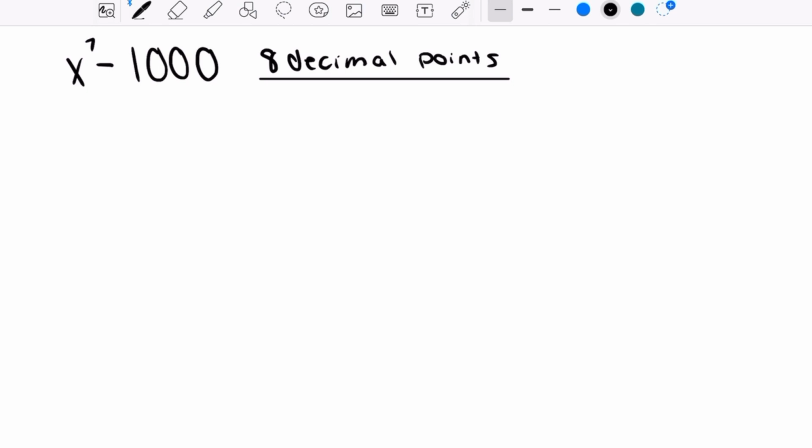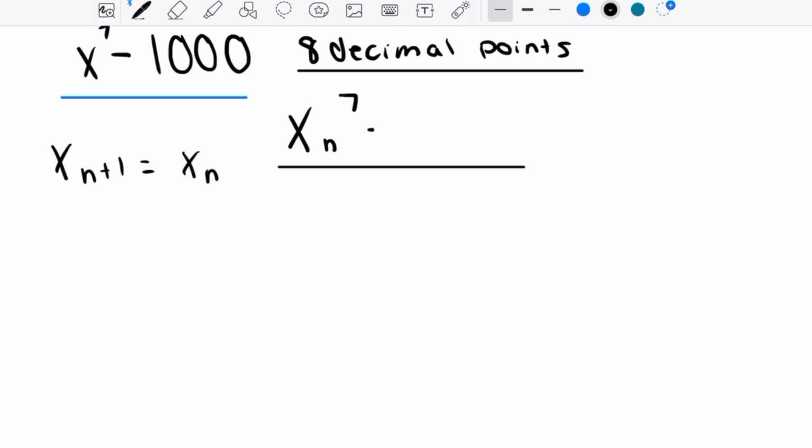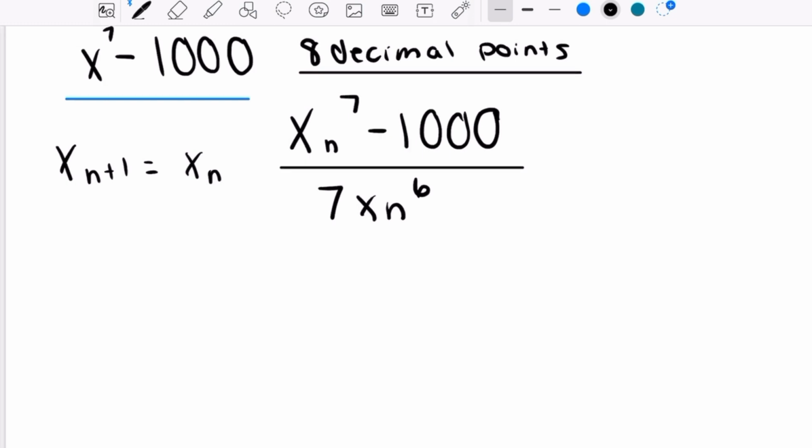So our first step, we're going to plug this equation into our formula. So we are going to have x sub n plus 1 is equal to x sub n minus f of xn over f prime of xn. So we have x to the 7th minus 1,000. And then we're going to have f prime, so the derivative, so using the power rule, 7x sub n to the 6.